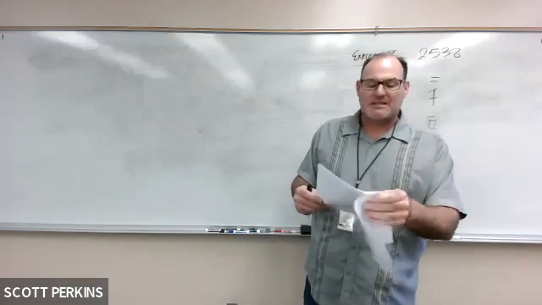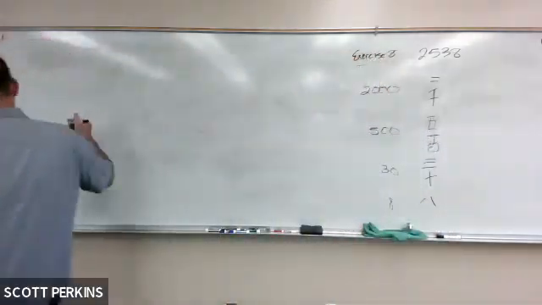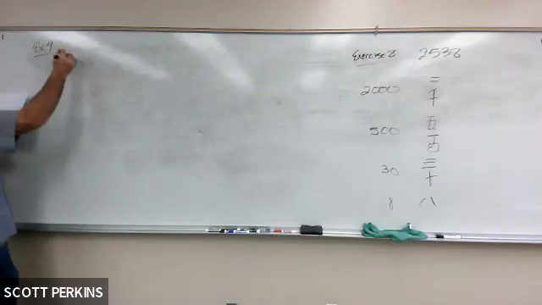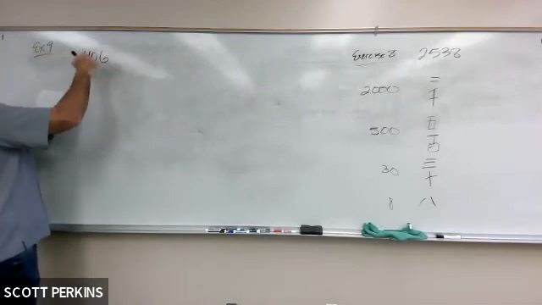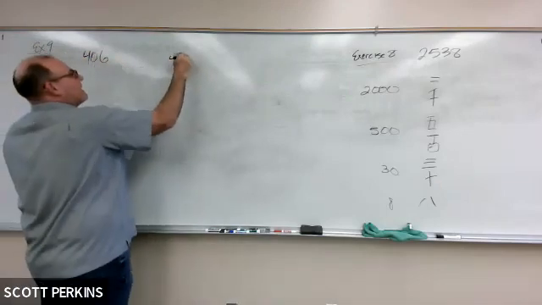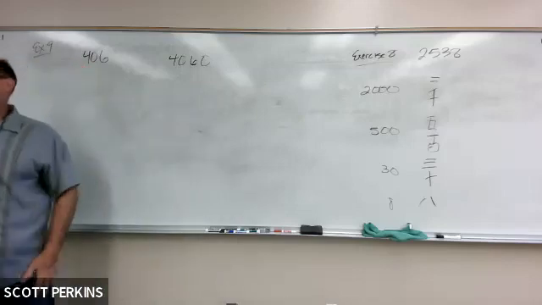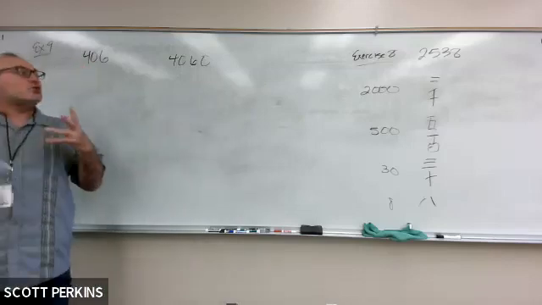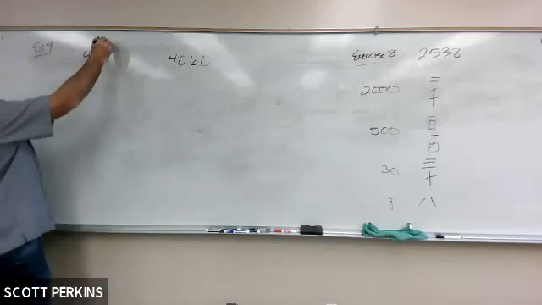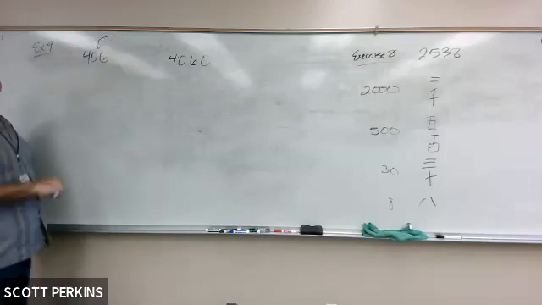Now the thing about zero is this. I've got 406 and I've got 4060. You would use zero when it's between numbers.